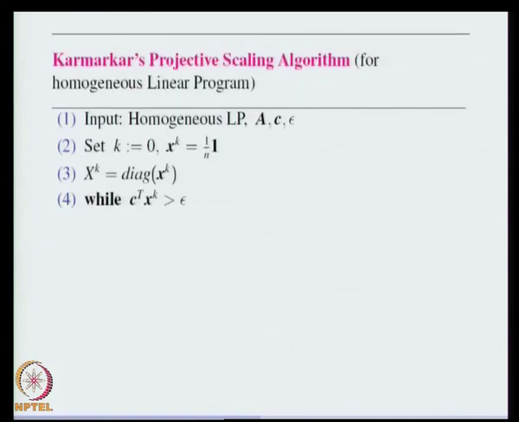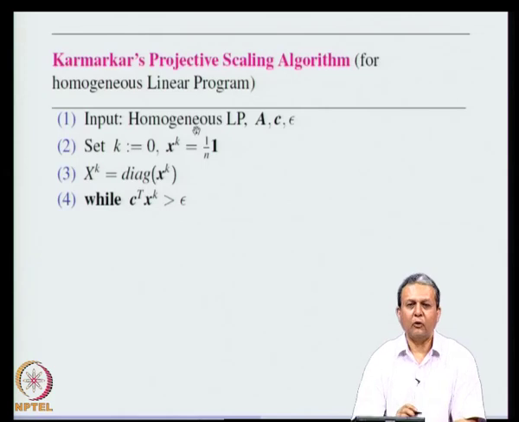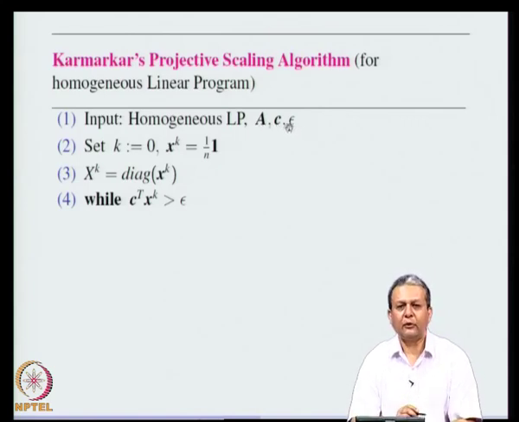So, here is Karmarkar's projective scaling algorithm, where the input to the algorithm is a homogeneous linear program, and we have the matrix A, which is a full row rank matrix, vector C in the objective function, and some epsilon used for stopping criteria. Remember that one of the assumptions that Karmarkar's algorithm used was that the minimal objective function value is 0.